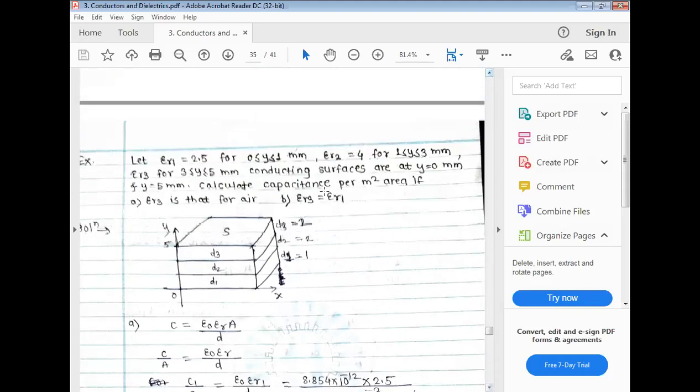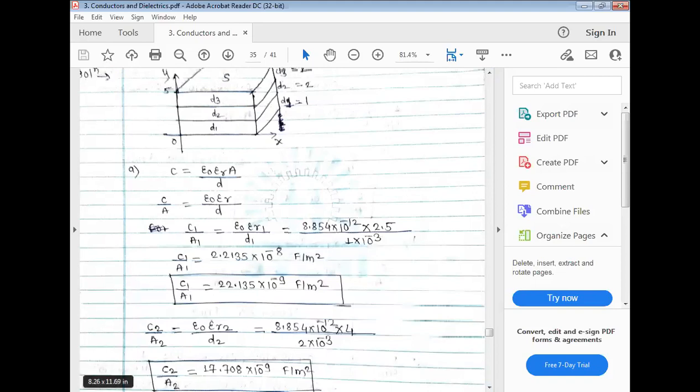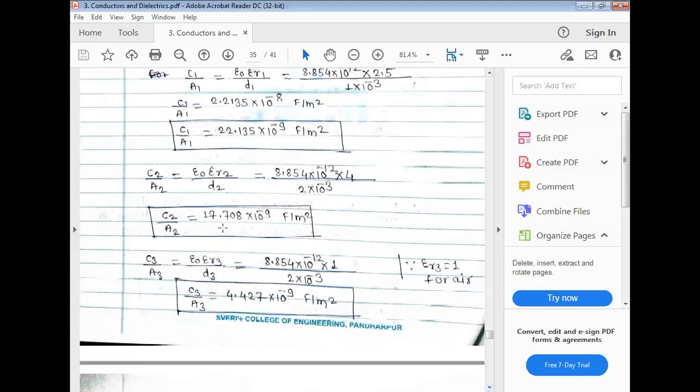Epsilon R2 is equal to 4, and the distance D2 is equal to 2 mm. So C2 divided by A2 is equal to epsilon 0, the same constant value, times epsilon R2, that is 4, divided by D2, which is 2 into 10 raised to minus 3. We get C2 divided by A2 as 17.708 into 10 raised to minus 9, and the unit is farad per meter square.